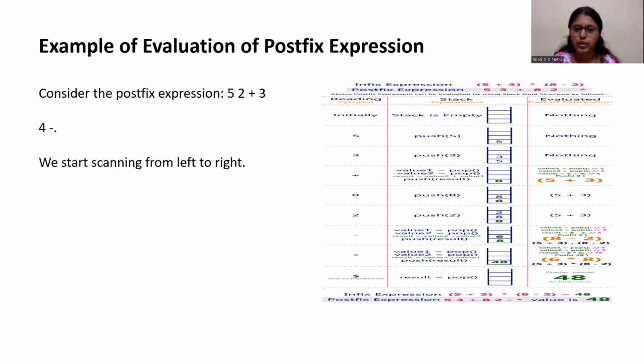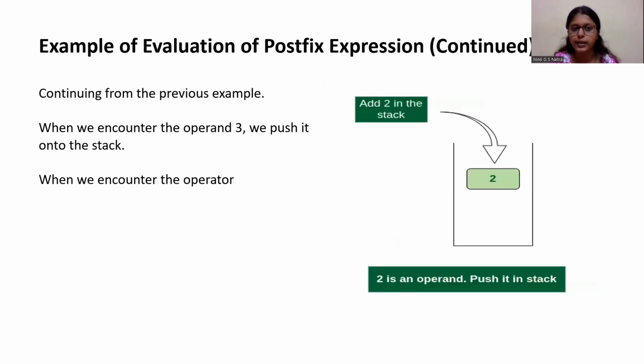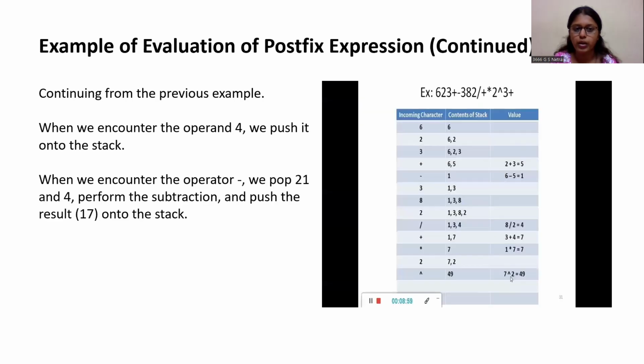We start scanning from left to right. Continuing the previous example, when we encounter the operand 3, we push it onto the stack. When we encounter the operand 4, we push it onto the stack. When we encounter the operator minus, we pop 3 and 4, perform the subtraction, and push the result onto the stack.